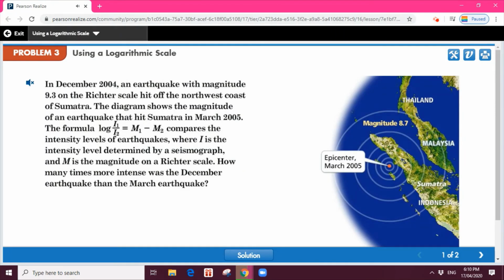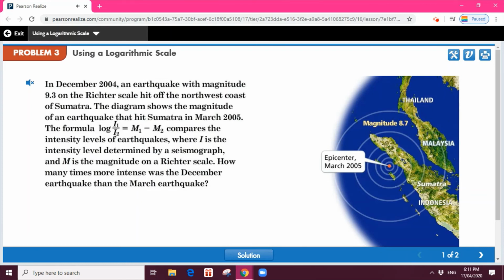In this problem, you will use a logarithmic scale. In December 2004, an earthquake with magnitude 9 and 3/10 on the Richter scale hit off the northwest coast of Sumatra. The diagram shows the magnitude of an earthquake that hit Sumatra in March 2005.